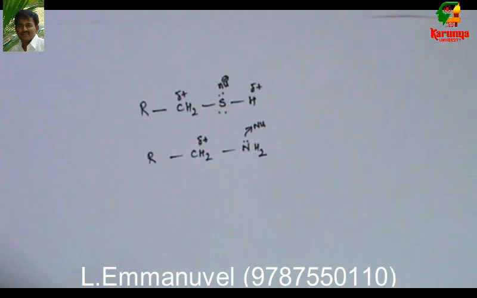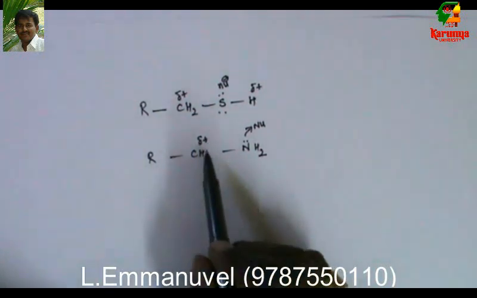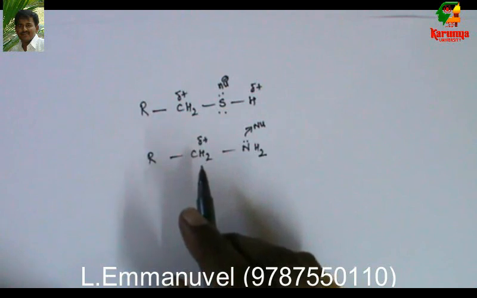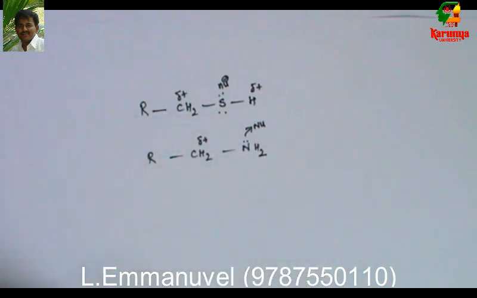So only 0.5 difference is there. Because of that, there is a very small amount of del plus. So that is not sufficient to be attacked by even a strong nucleophile. So even CH3 minus cannot attack this.